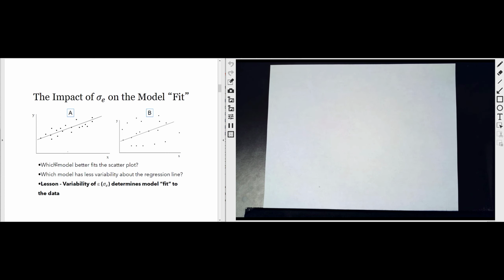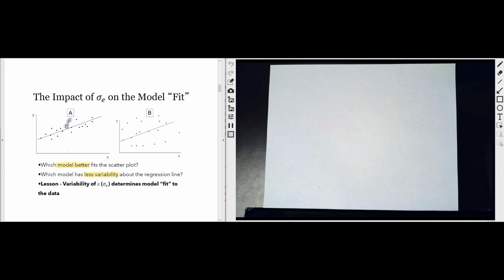And the question is, given the least squares linear regression for these two scatter plots, is the linear regression a better fit of the data in A, or is it a better fit of the data in B? Well, that's equivalent to asking which has less variability around the regression line.